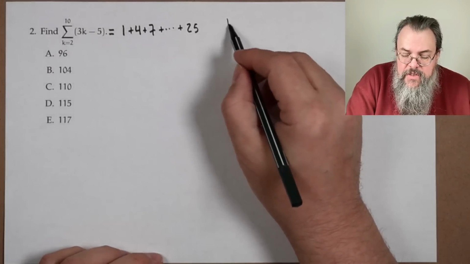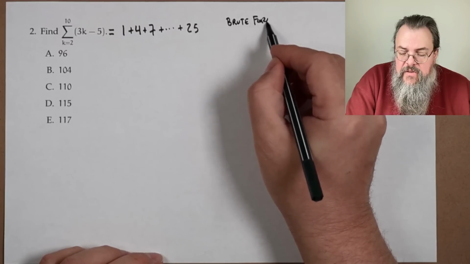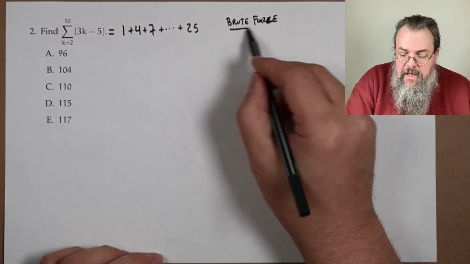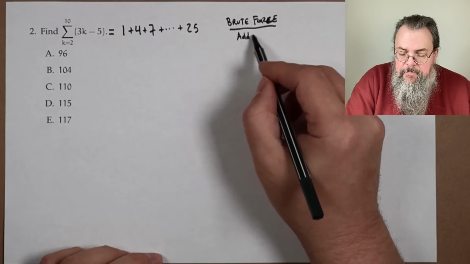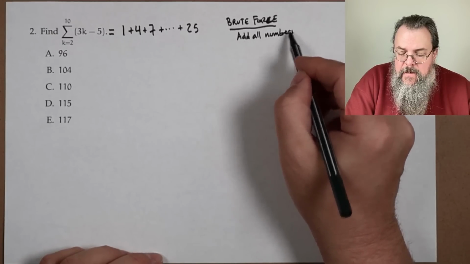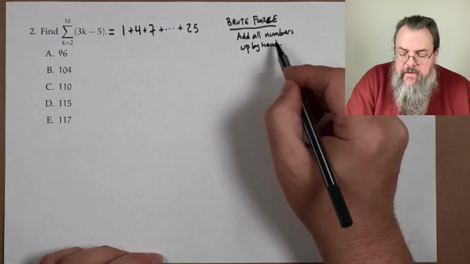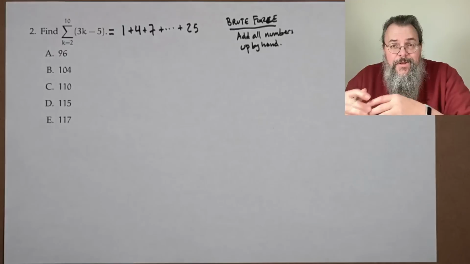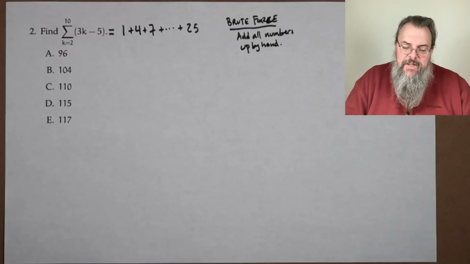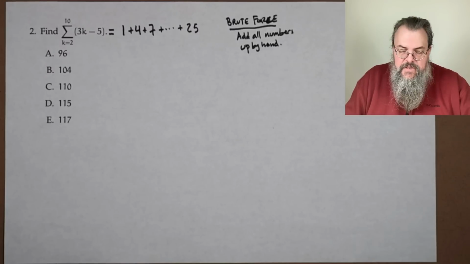Brute force: add all numbers up by hand. Will you get the right answer? Yes. Do you run the risk of an arithmetic mistake? Yes. And so that's why we want to be a little bit careful. Okay, so let me talk about some other options.